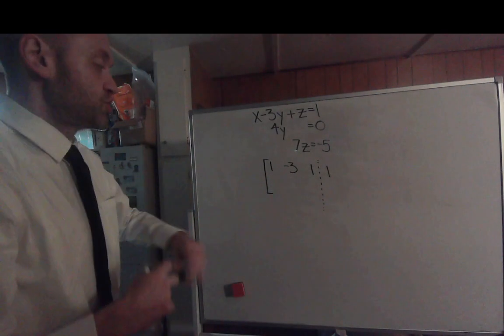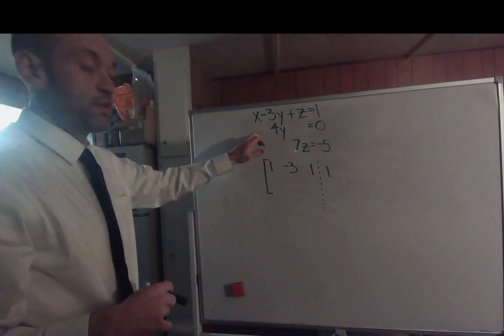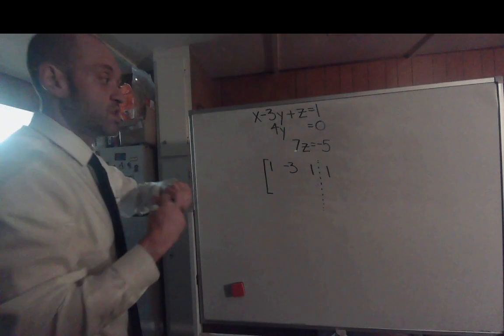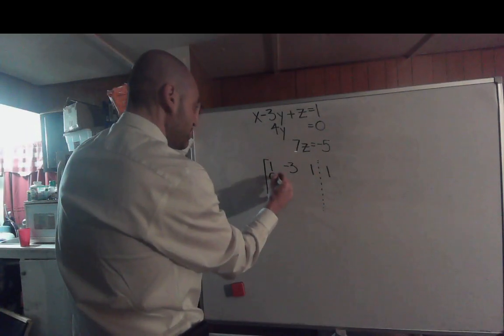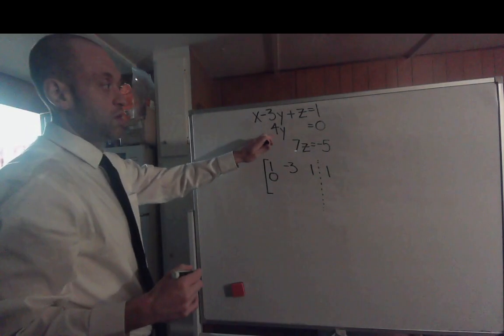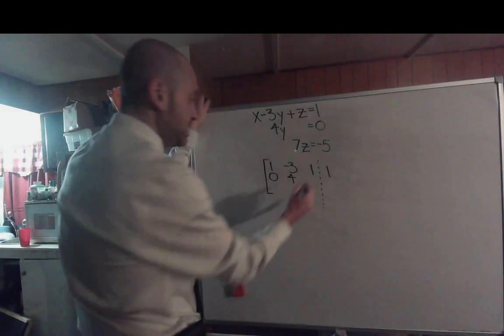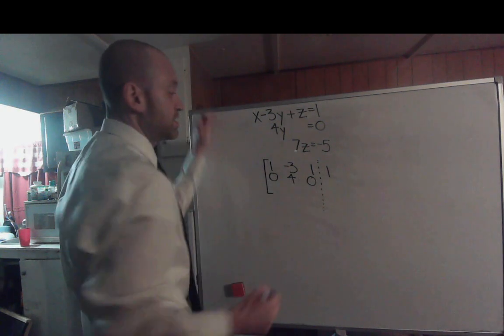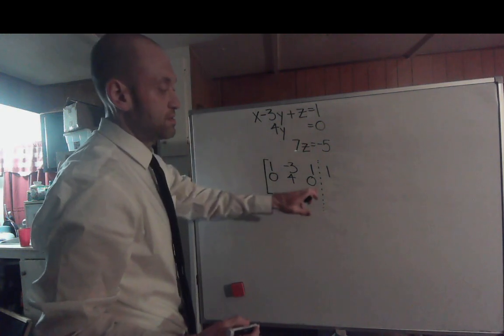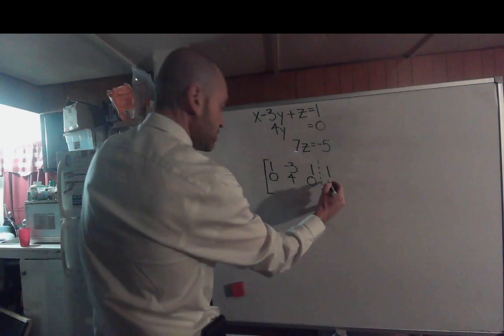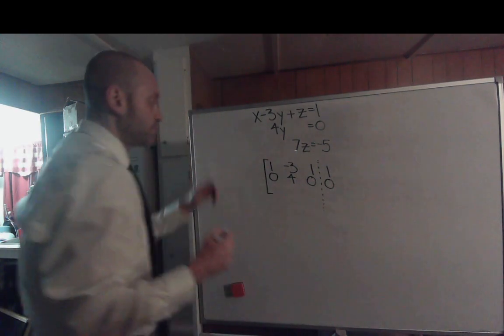Now the first entry in the second row will be our coefficient on the x in the second equation. In this case, that's going to be a 0. Then the coefficient on y is positive 4. Coefficient on z is also 0. And then to the right of the line of augmentation you'd put the 0 there.